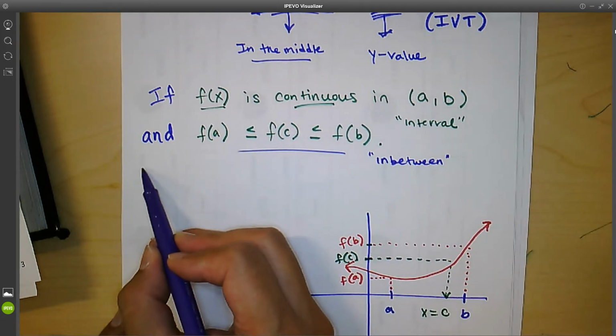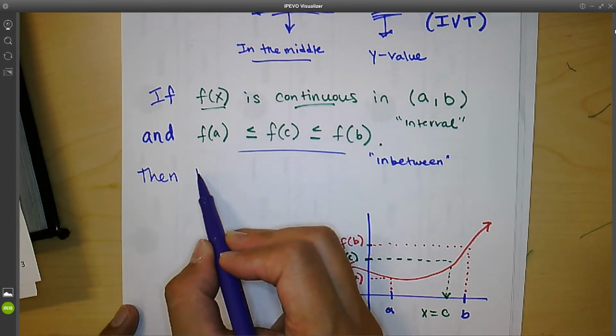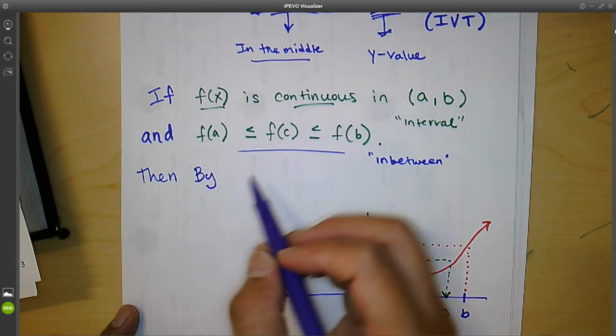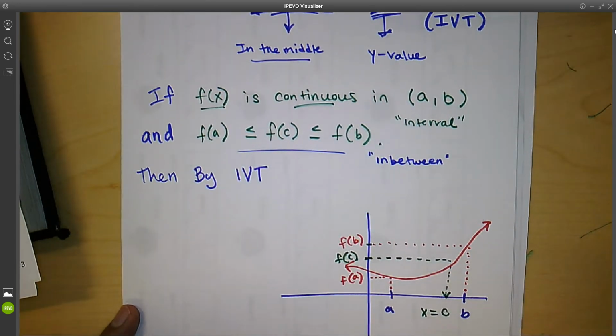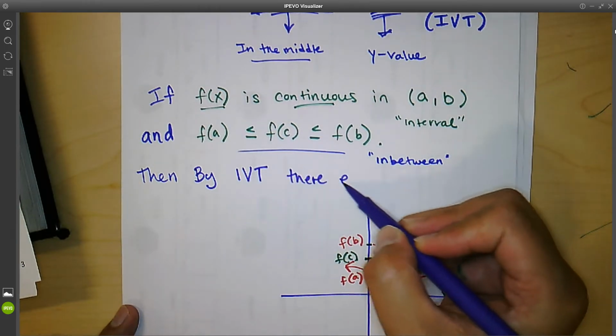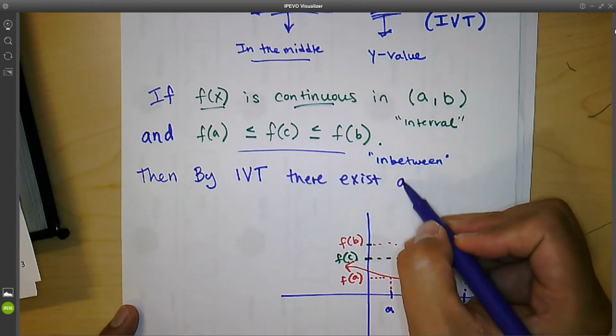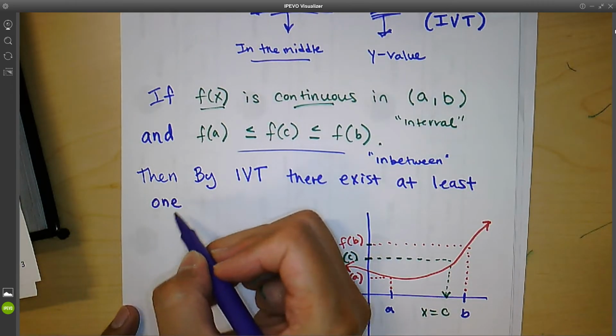And then your conclusion is: by the intermediate value theorem, there exists at least one.